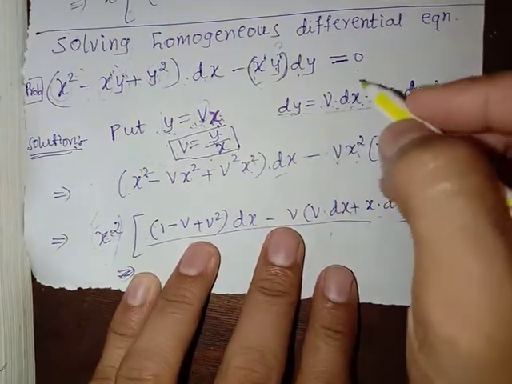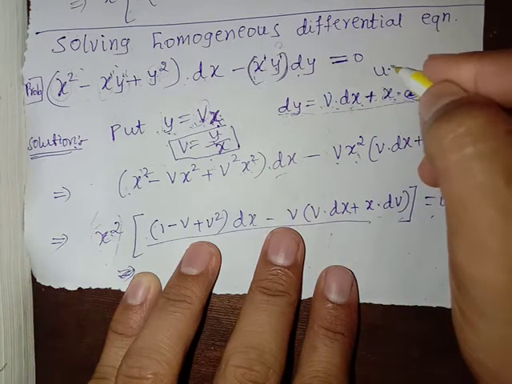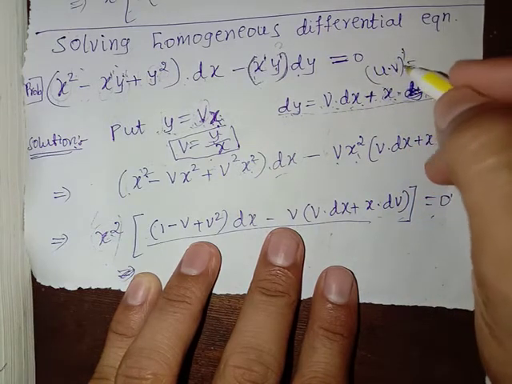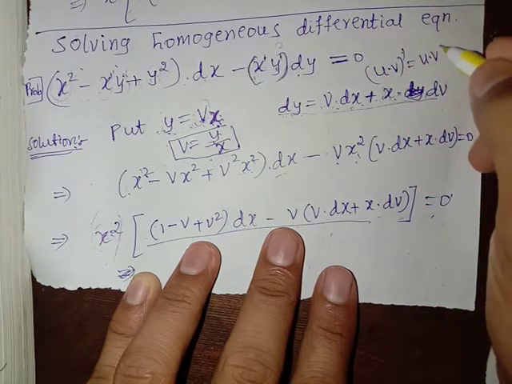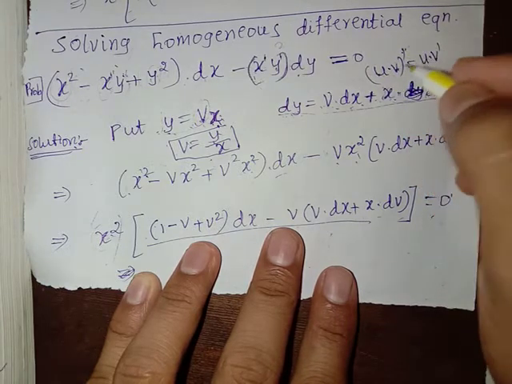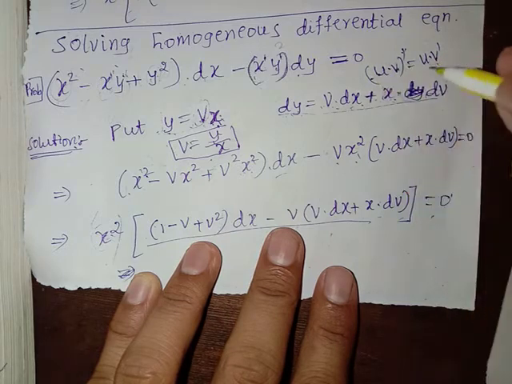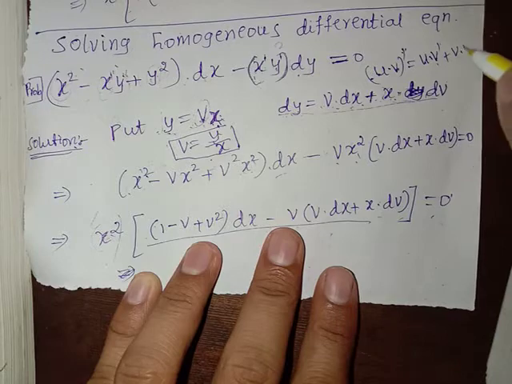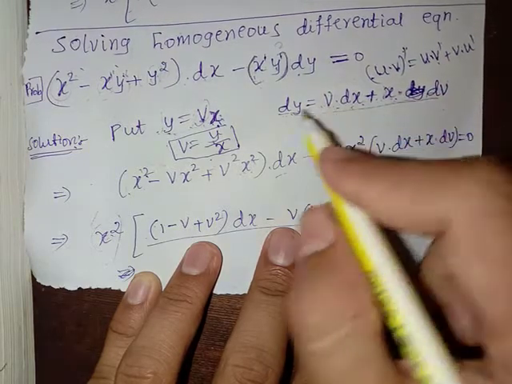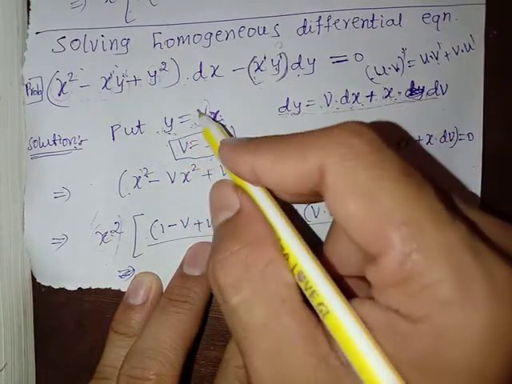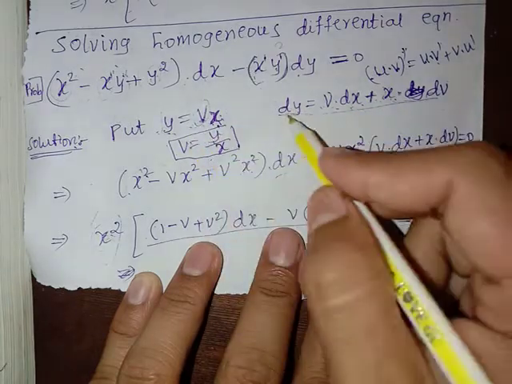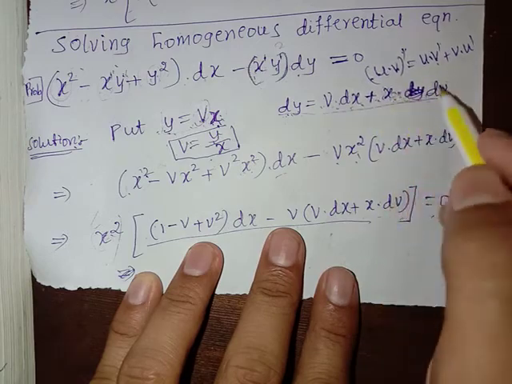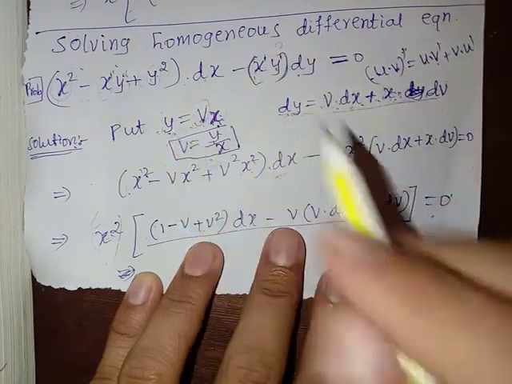This is because if we differentiate a product u into v, then we write (uv)' means u into the differentiation of v plus v into the differentiation of u. In the same way, when differentiating, we must write dy as v dx plus x dv. This is the differentiation of this one.